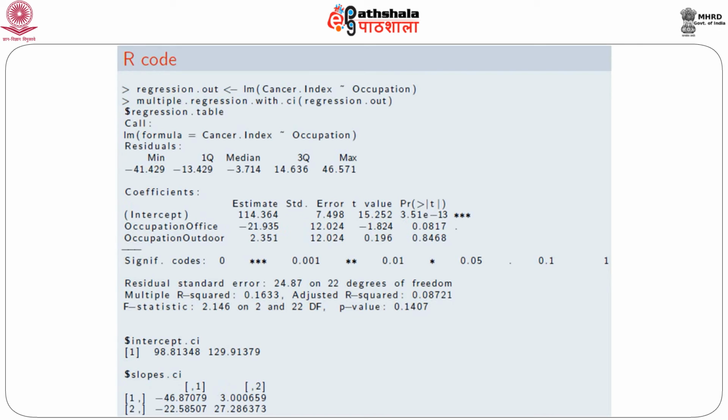Now, next, here we have used the lm function to use occupation, which is a categorical variable, as a predictor variable and fit a regression line. The response here is cancer. If you look at the parameter estimates, we have the intercept, which is beta 0, occupation office, which is our beta 1, and occupation outdoor, which is beta 2.